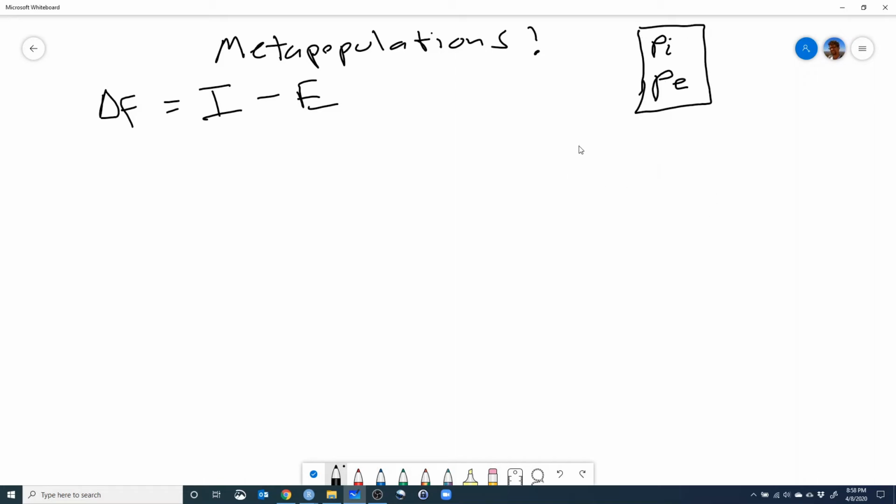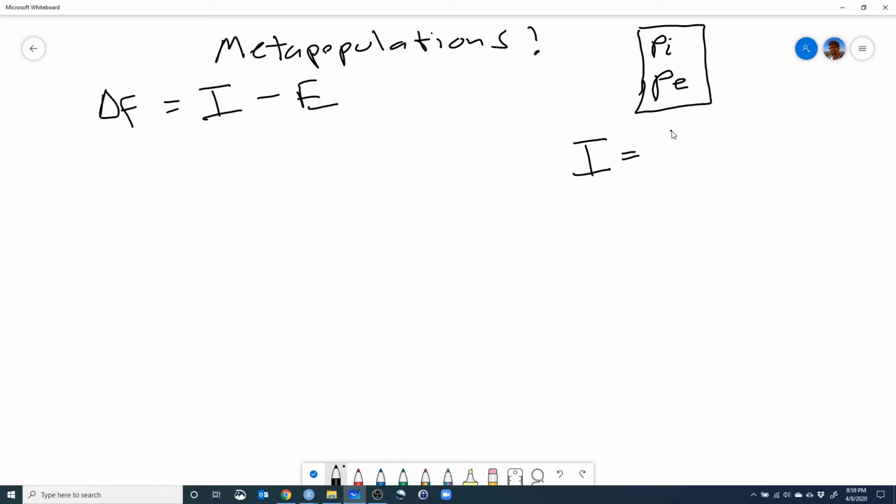So let's first think about I. So I is equal to, this is the total rate of patch colonization within the metapopulation. And this refers to only those patches that are extinct can become colonized.